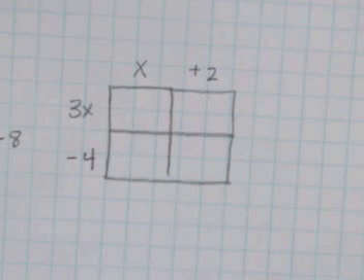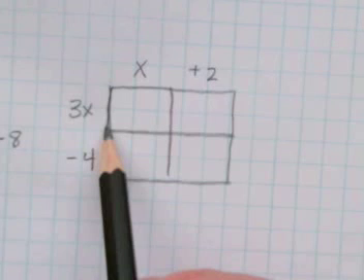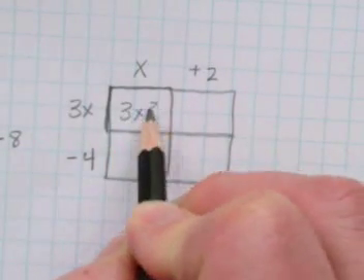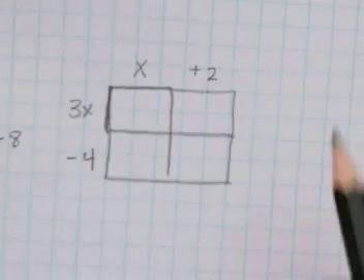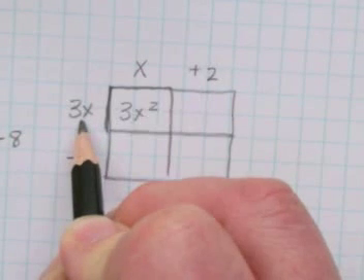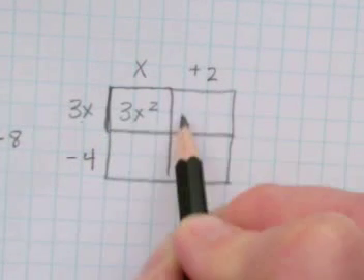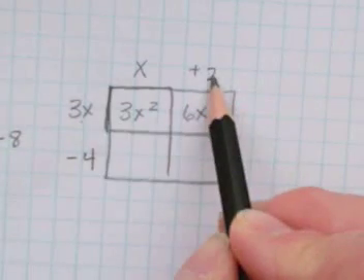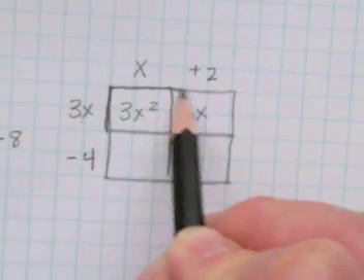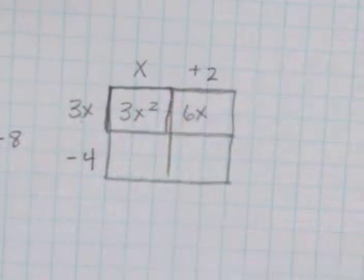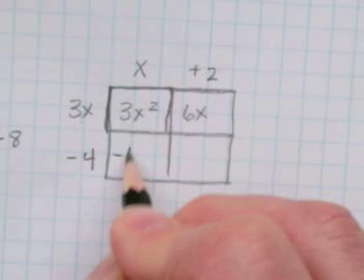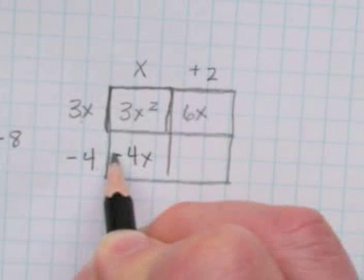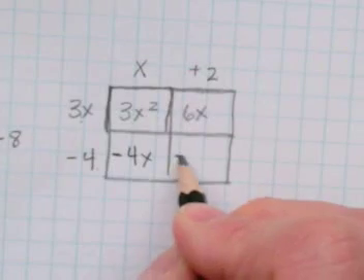We're just going to multiply length times width in each one of our boxes. This becomes 3x squared because I multiplied x times 3x. This becomes 6x because I multiplied 2 times 3x. This box becomes negative 4x, x times negative 4, and this becomes negative 8.